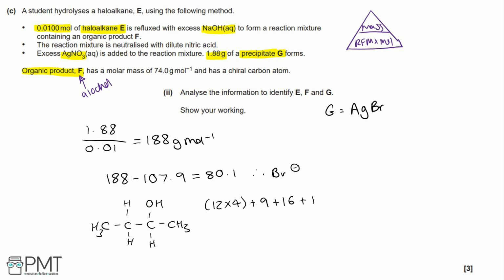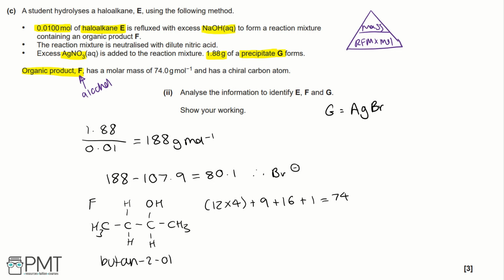So the 9 is all the hydrogens, and then the 16 is the oxygen, and then the 1 is the hydrogen in the OH. And this equals 74. So that means this is F. And we can name this as butan-2-ol.